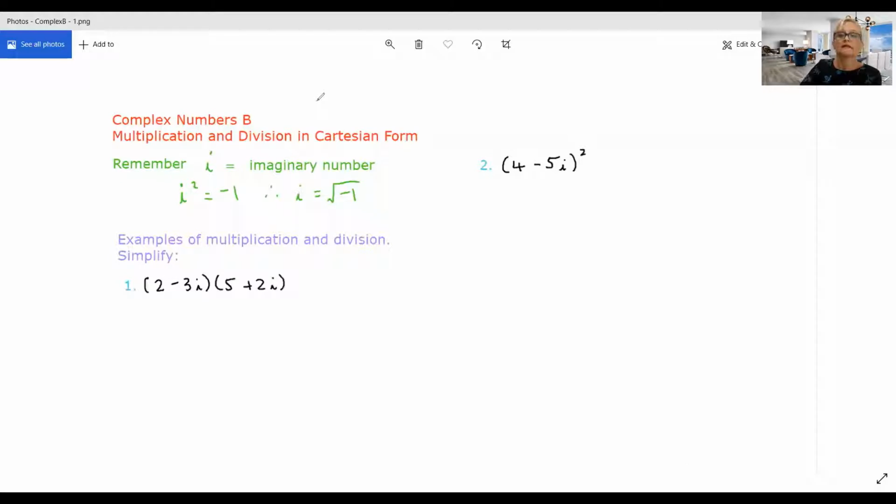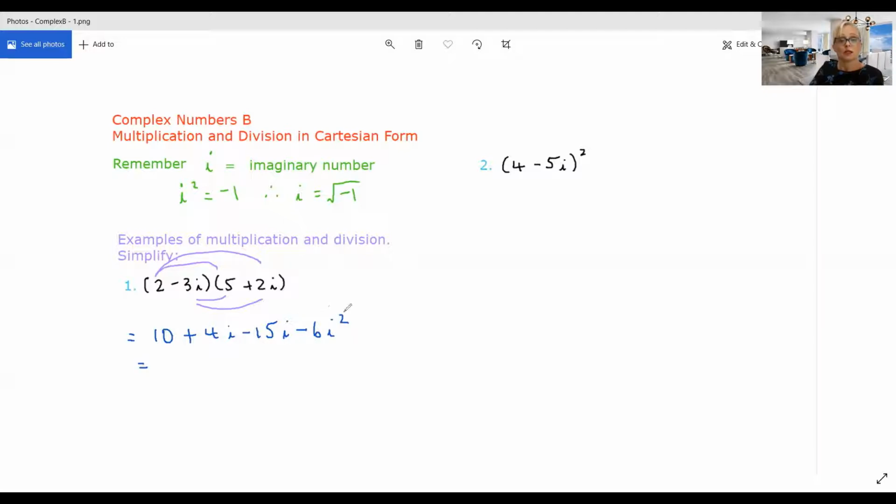All right, let's take this first example. This is just like a normal expansion situation where you're going to get your 4 terms. All right, so let's go through that normal process. So we're going to get 2 times 5, which is 10, plus 2 times 2i, which is 4i, plus negative 3i times 5, which is minus 15i, minus 3i times 2i, which is minus 6i squared.